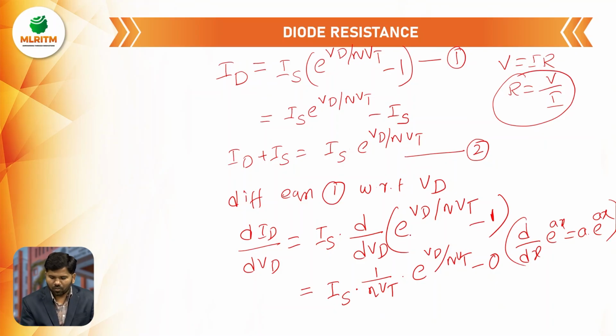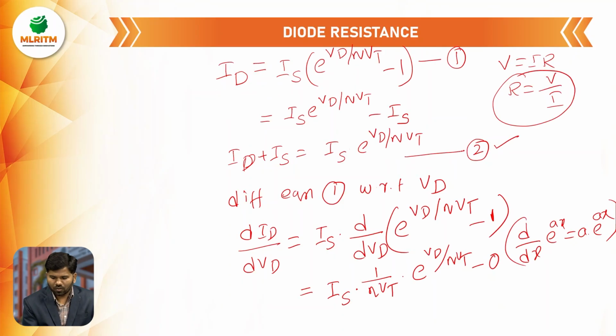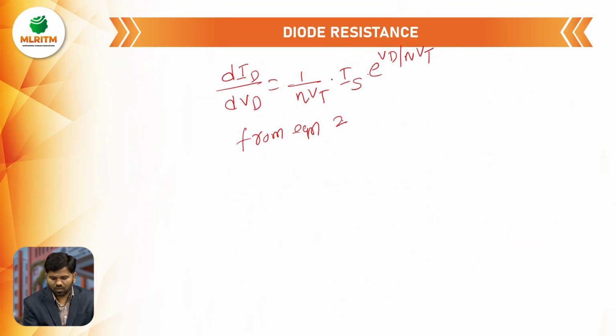From equation 2, IS into e power VD by eta VT is equal to ID plus IS.